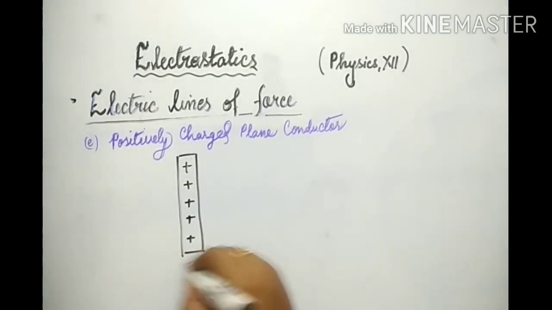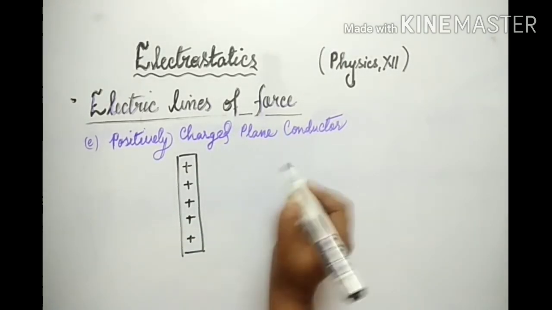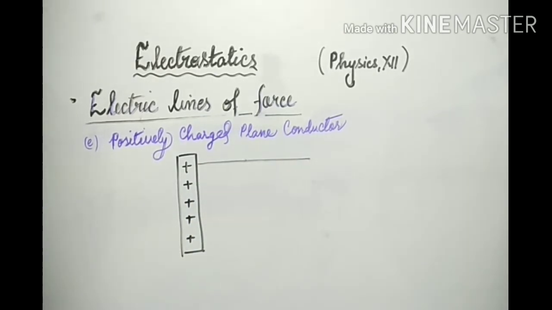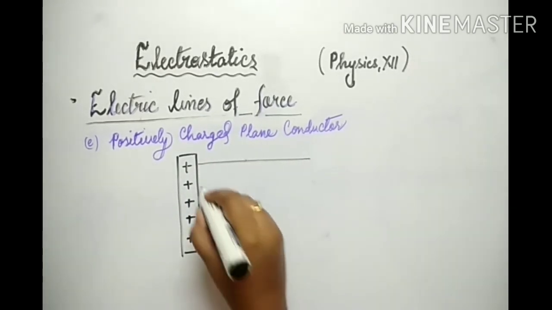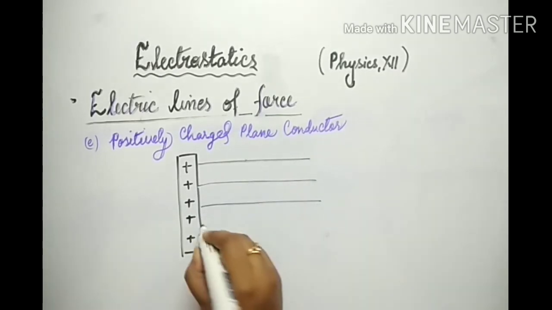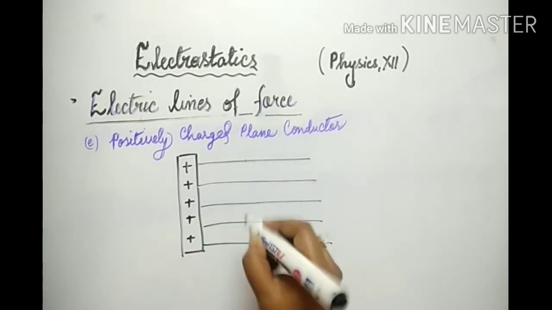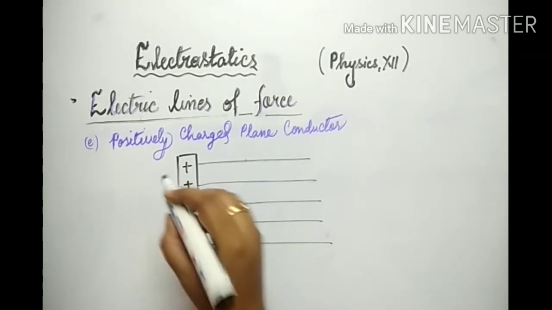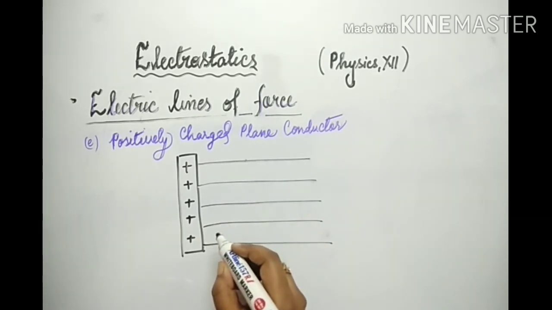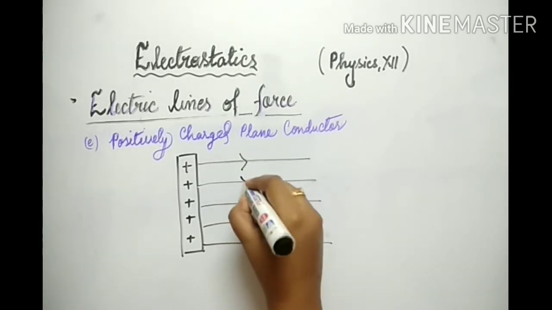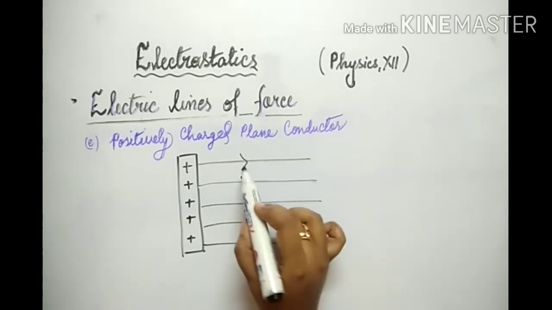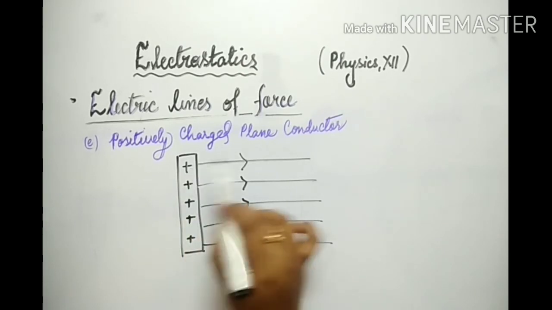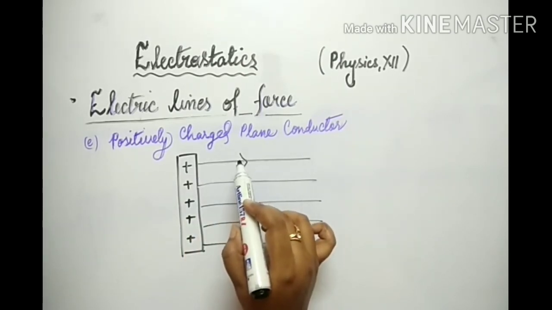If you imagine a unit positive charge here, the electric lines of force will be along this direction, straight and equidistant from each other, in a uniform pattern. The arrow will be along this direction, because a free unit positive charge here will experience a force of repulsion.